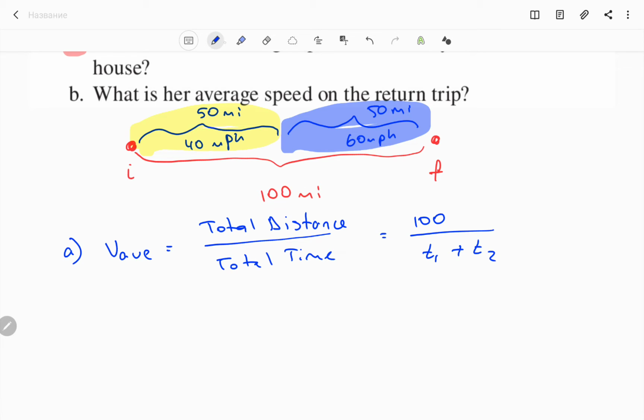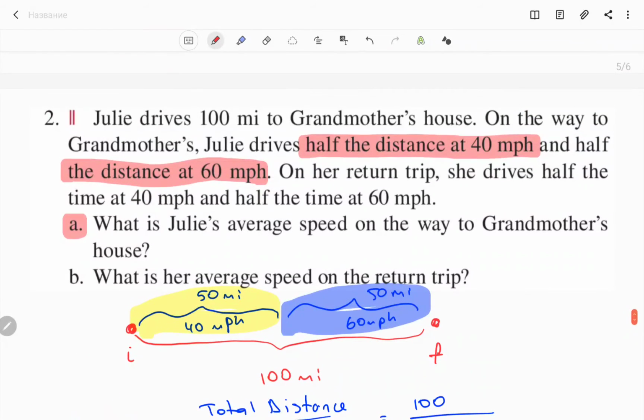Let me remove the units, and for the first half we can write x1 equal to v1 t1. We can write this equation because this is a uniform motion. Velocity is constant.